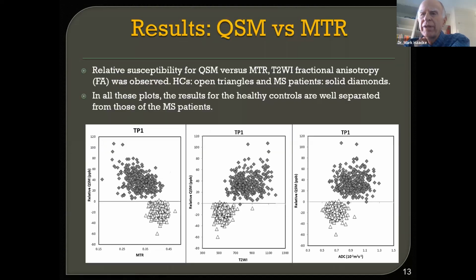Now, some more interesting plots here are the plot of the susceptibility. And the susceptibility is going to be positive if there's demyelination. And so here you can see in the open triangles, you have all the normal controls. They're beautifully bunched together. And then here are the MS patients. So you can see that some lesions have very high susceptibility, meaning they're very strongly demyelinated.